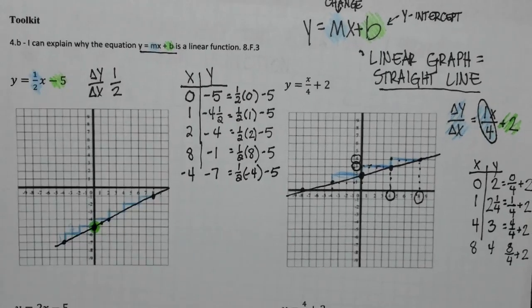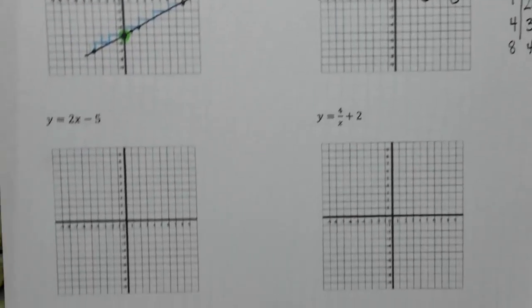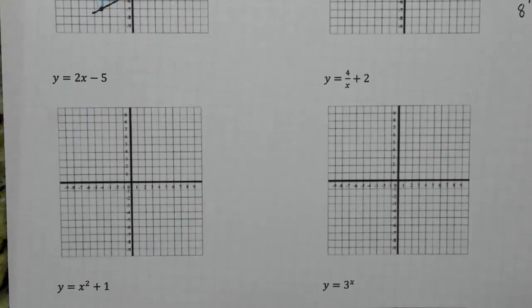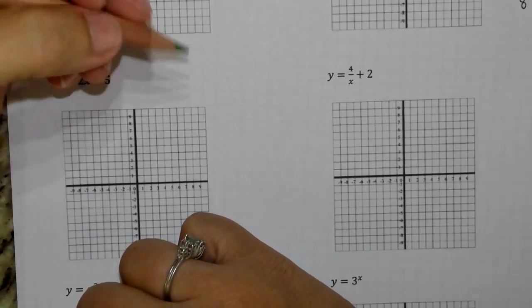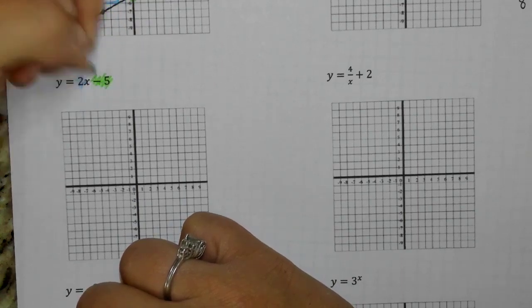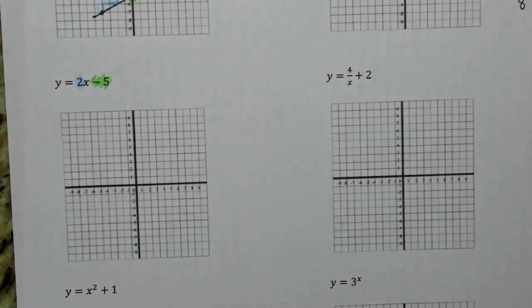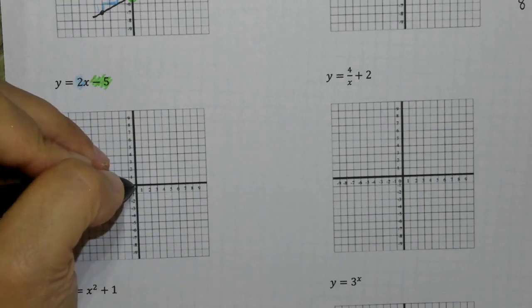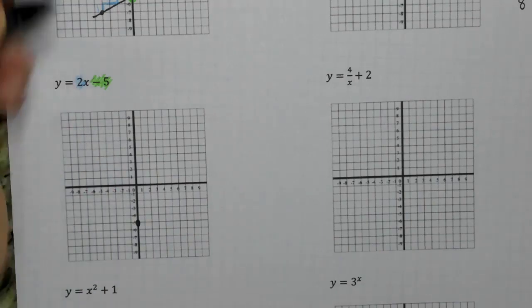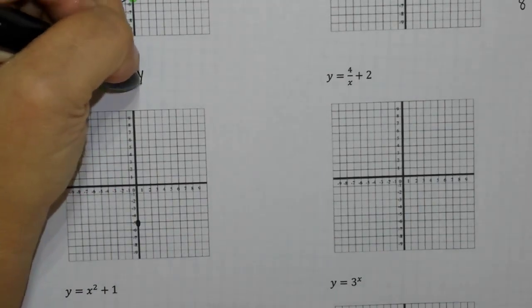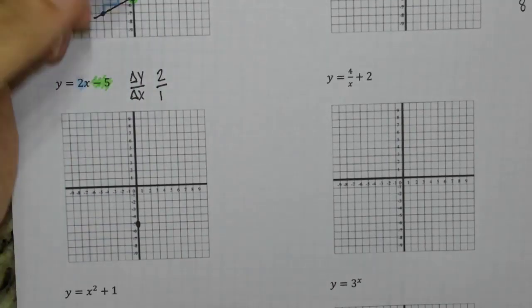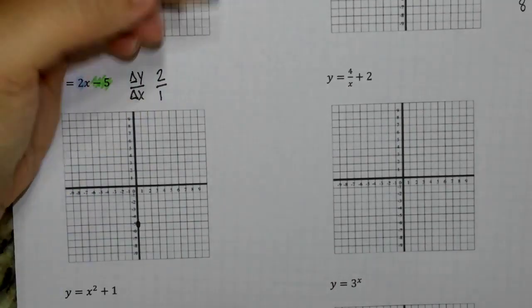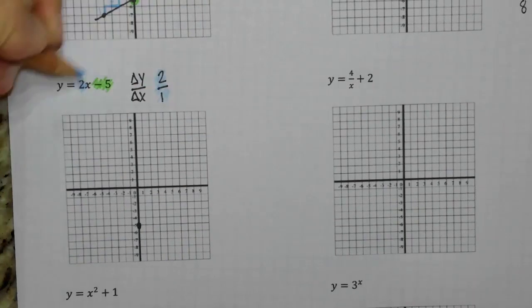And continuing, this equation, the rate of change is 2. The y-intercept is -5. So using key features here to plot, I'm down 0, -5. This is telling me my change in y over change in x is 2 over 1, because that is the rate of change.